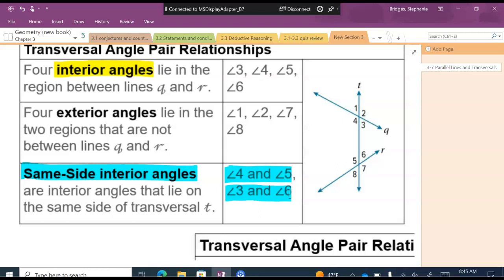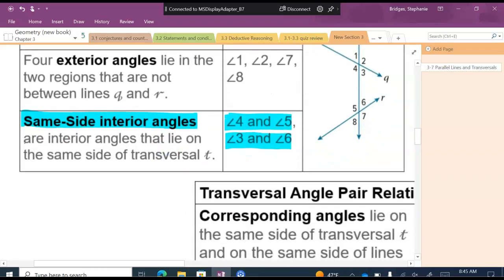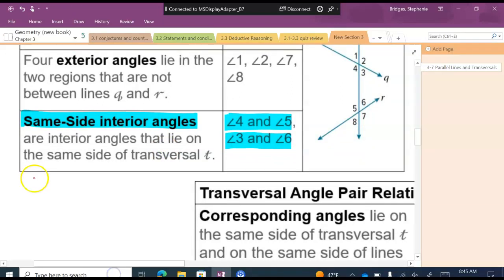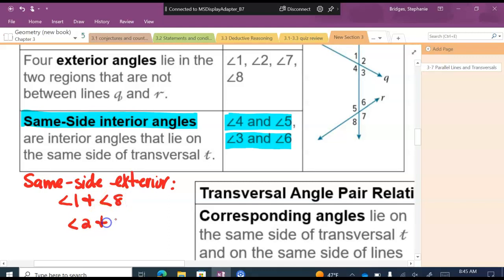So make a little note of that right down here because it's not included on our paper. We want to go same side exterior, and that again would be angle 1 and angle 8, and then also angle 2 and angle 7.